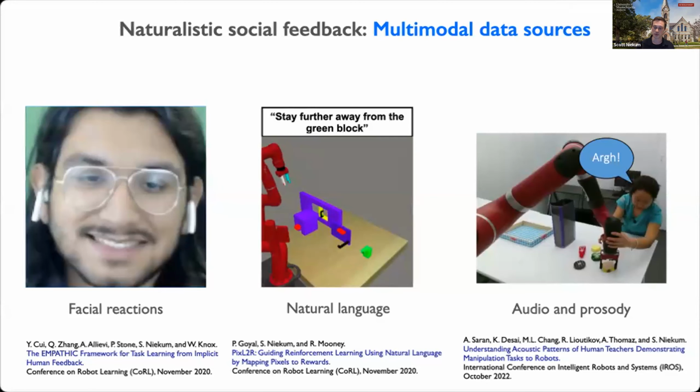And if someone does say something in natural language, like, don't do that, there's a real difference between them saying, don't do that, or don't do that, and don't do that, right? The second one maybe gives you a sharper notion temporally about what they're referring to. And it also gives you an increased sense of magnitude. And so we've been trying to use all those cues together in order to better align agents and endow them with social intelligence.